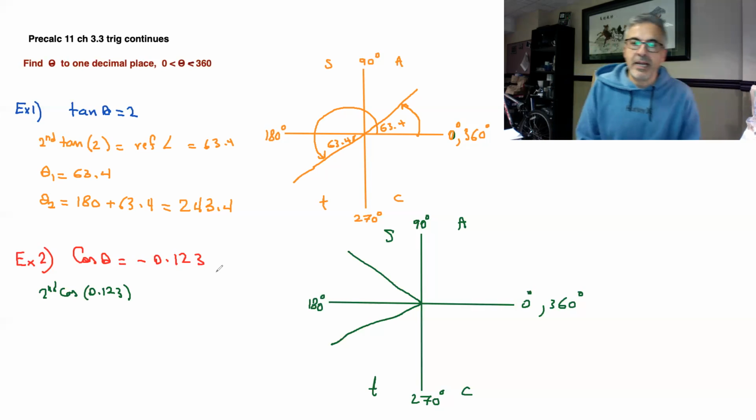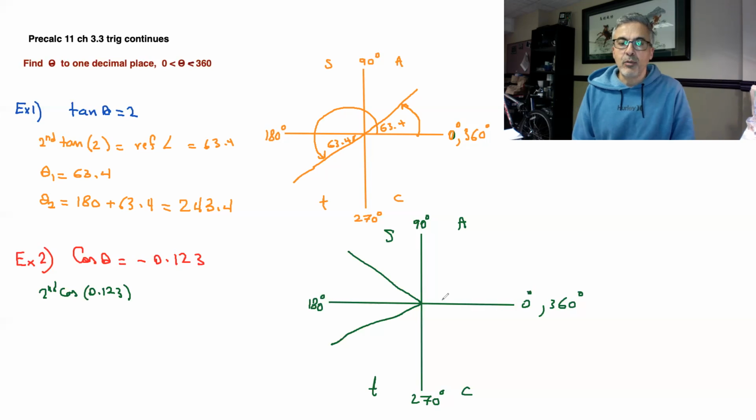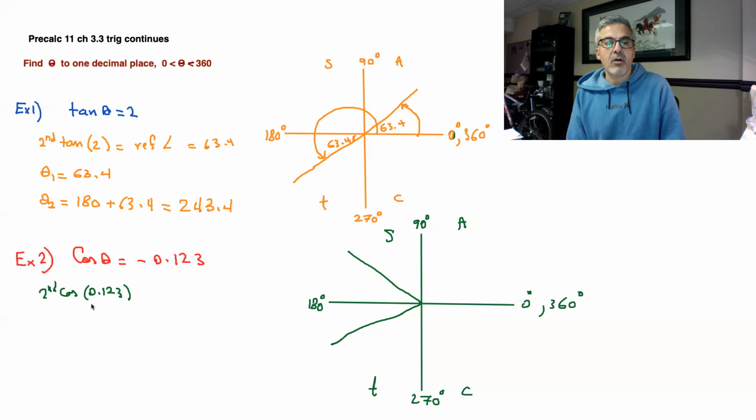In some cases you'll get a negative answer for the angle, but especially in this case, you'll get a big angle. So it will give you this first angle right here. That's what the calculator will do if you plug in the negative. Then you won't be able to find this because you don't know what the reference angle is. So forget about the negative when you go second cos, and that will give you just the reference angle.